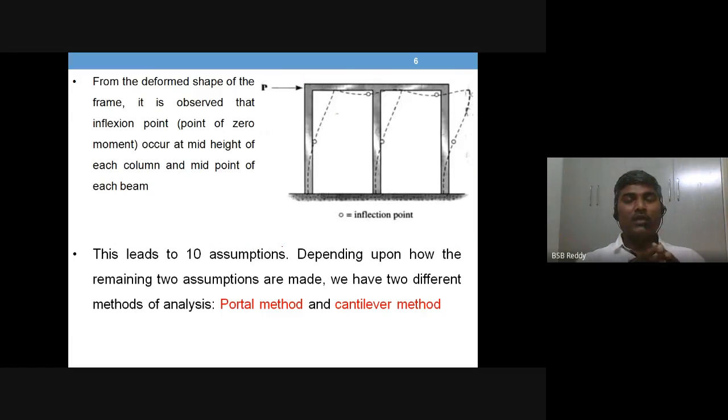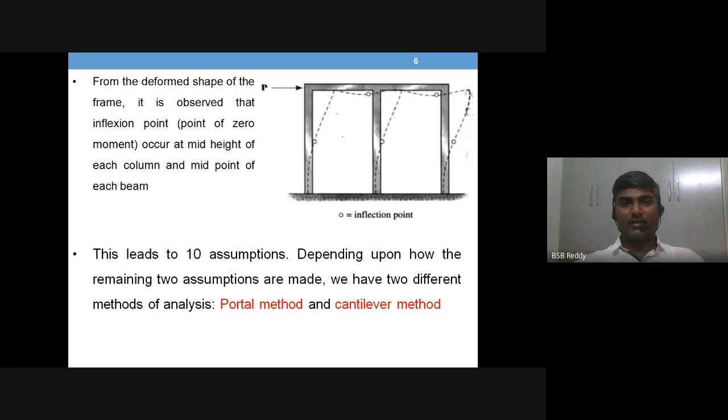Now just see another example of how the assumptions are going to lead to the methods that we talked about in the previous slide. The example now taken is a 2-bay single-storied building frame.